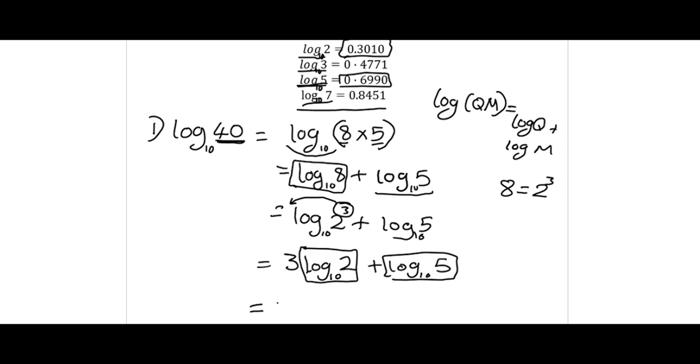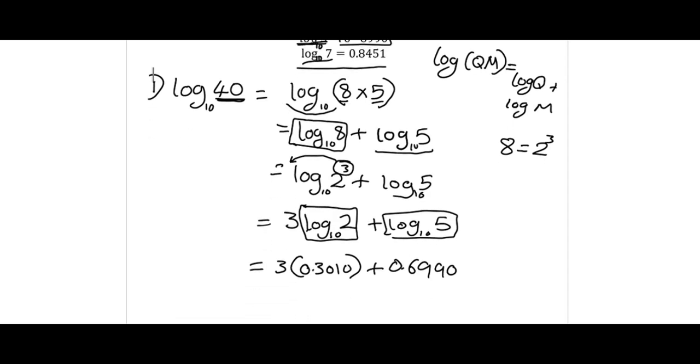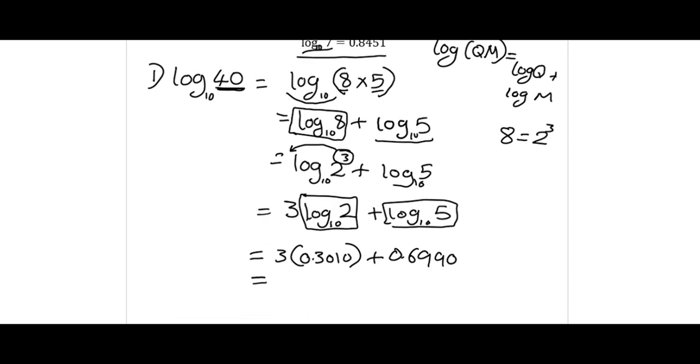So this is 3 times 0.3010 plus 0.6990. If we compute all of that, 3 times 0.3010 will be 0.903, plus 0.6990, equal to 1.6020. That's my final answer.